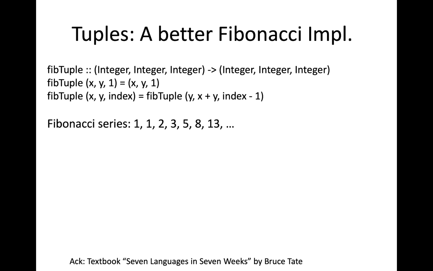Just to remind you, I am assuming the Fibonacci series starts from 1. The second item is also 1. The third item is 1 plus 1, 2. The fourth item is 1 plus 2, 3. The fifth item is 2 plus 3, 5, and so on, right? Now let's see what happens when we call fib tuple with 1, 1, and index 4.